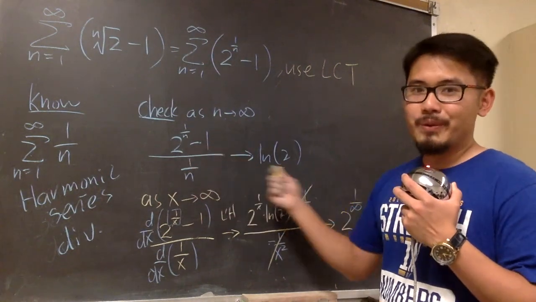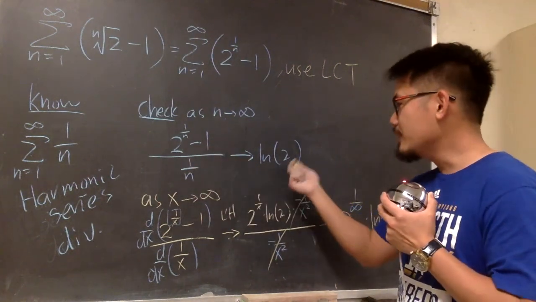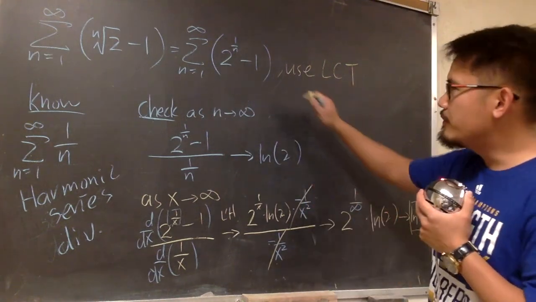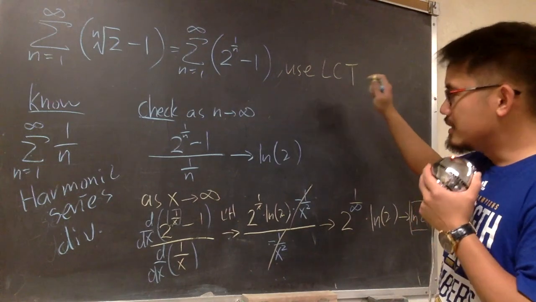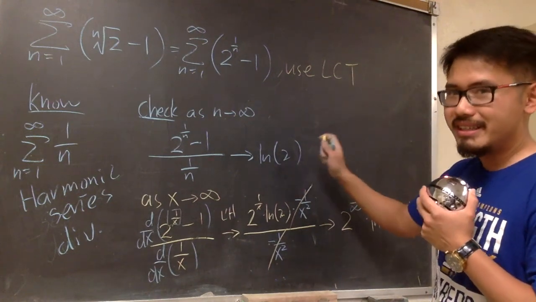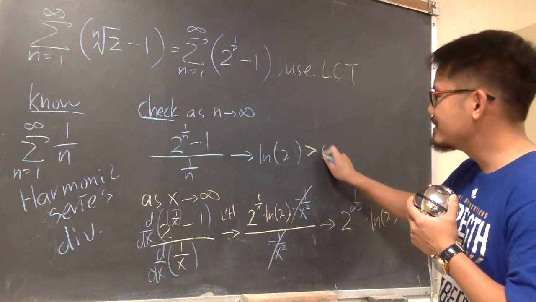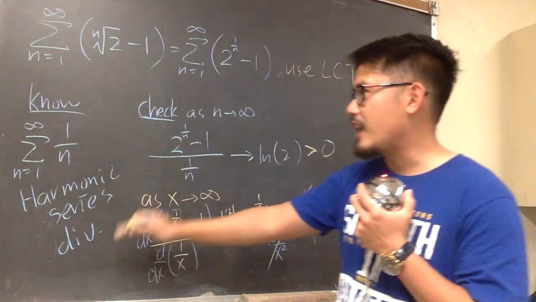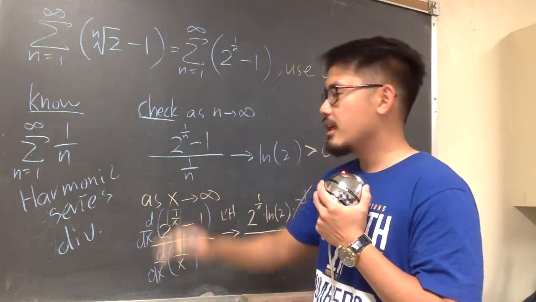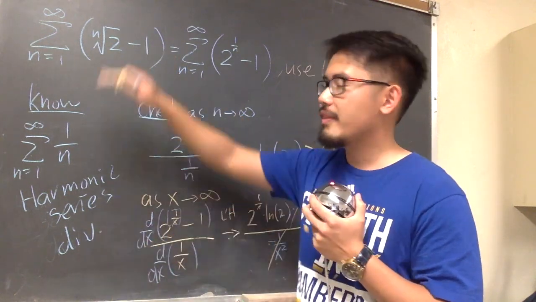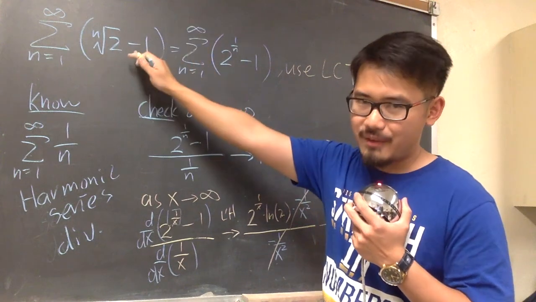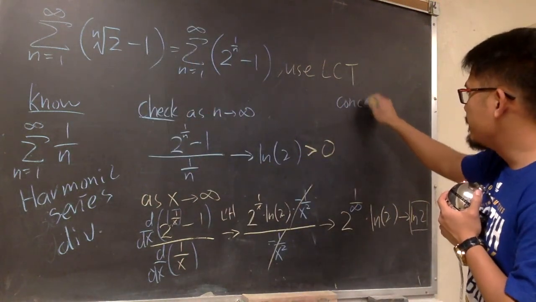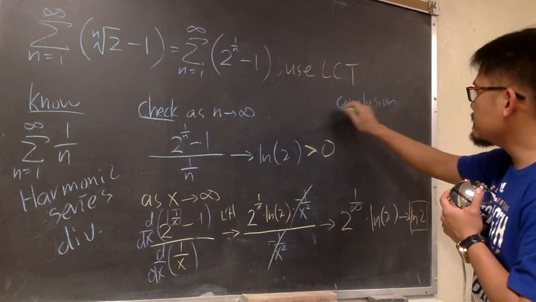Whew. And now, is this useful? ln 2 is about 0.693 something. But for the limit comparison test, as long as this number is greater than 0, it is useful. And we will have the same conclusion, right? This right here diverges, that right there will also diverge. Same conclusion. So at the end, let's write it down here. Here is the conclusion.